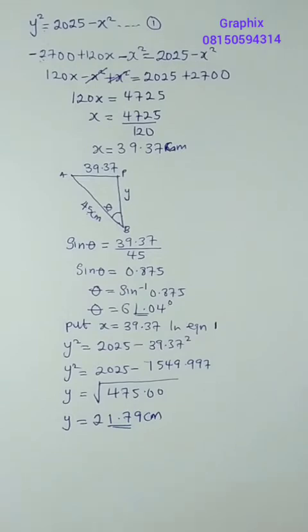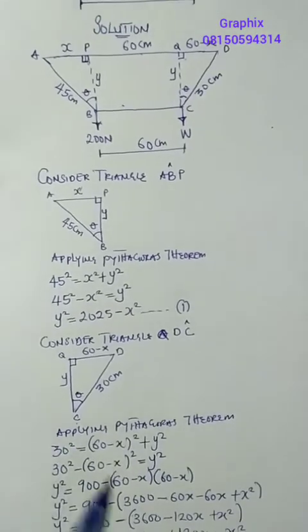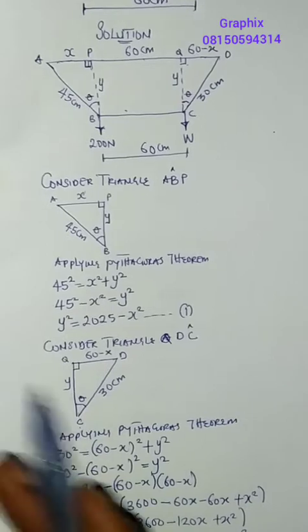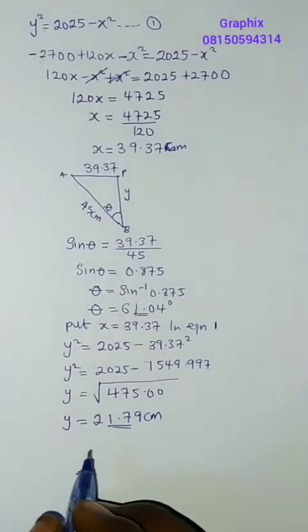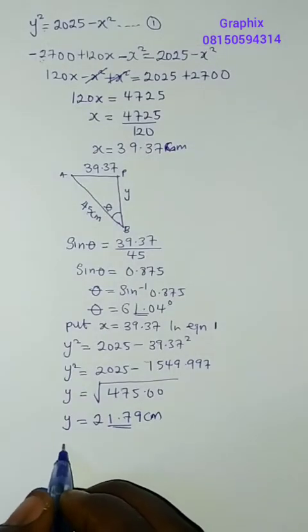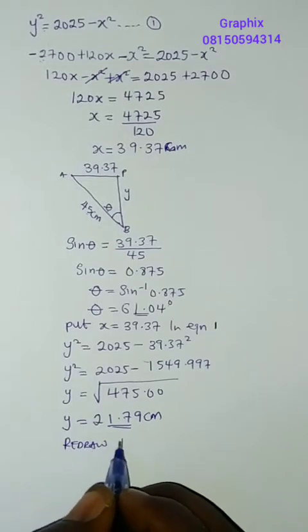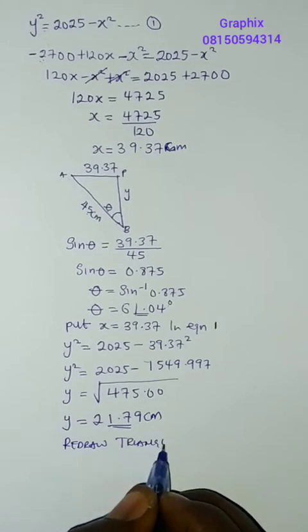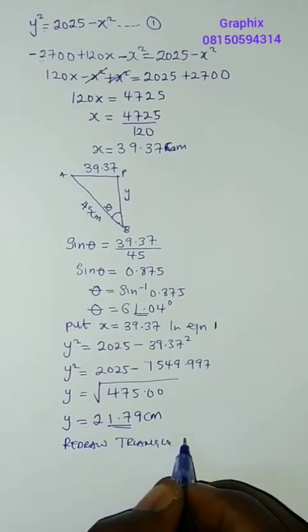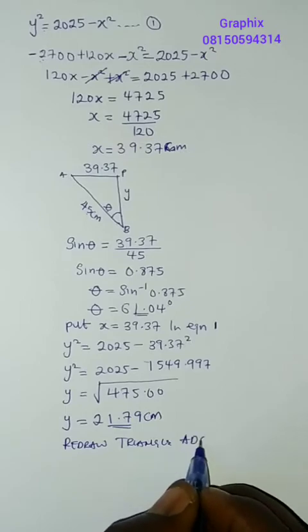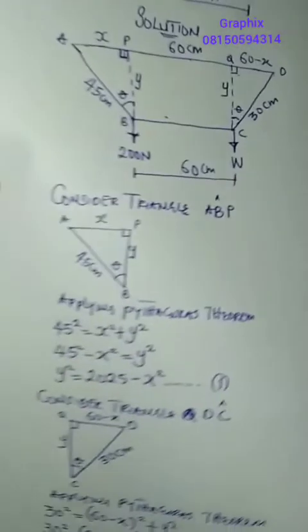Right? So we'll do the same thing for the other guy here, which is this guy. We need to look for what, since we are getting our x now, so we'll redraw. So we're drawing triangle ADC, which is this triangle here, right?